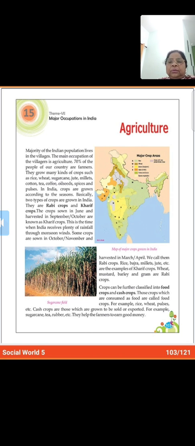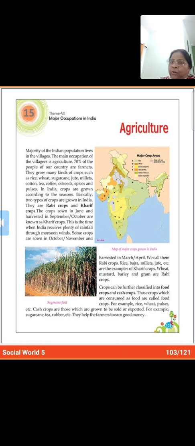And food crops, on the other hand, are grown for domestic consumption, meaning used within the country. But the cash crops are sold abroad. They are exported. So now we will study about different food crops.